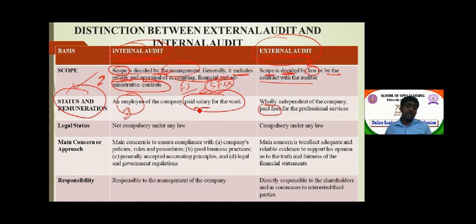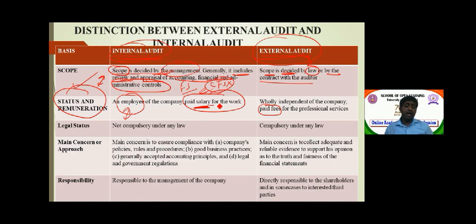Now talking about the external auditor, an external auditor is going to get fees, not the salary. Salary is paid to those sort of people over whom we have more degree of control. Let's say if I am an employee of a company, whatever the company is telling me to do, I'll be doing it.